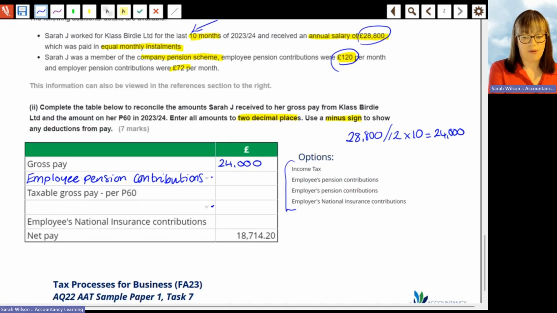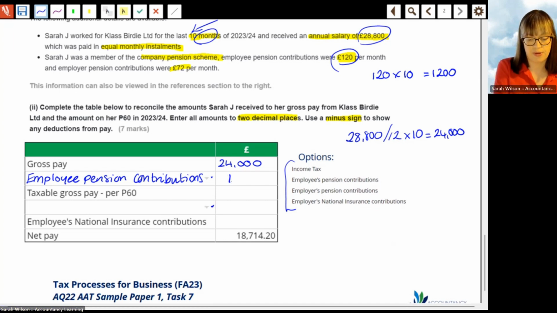And we were told they were £120 per month. And again, we've got our 10 months. So 120 times 10, 1,200. And remember, we need to use a minus sign to show a deduction from her pay.